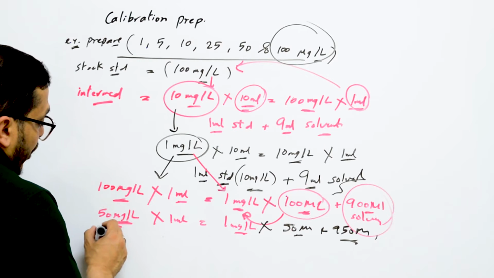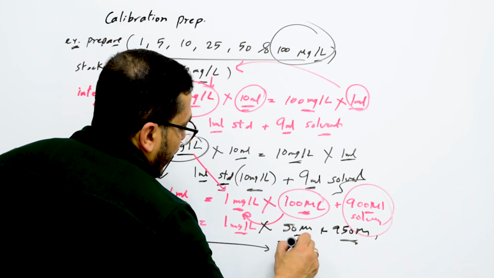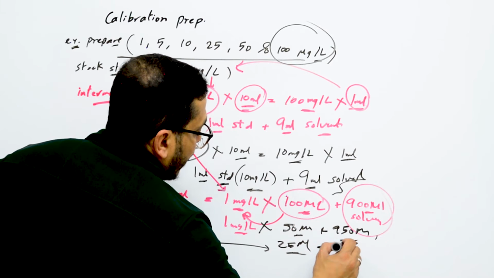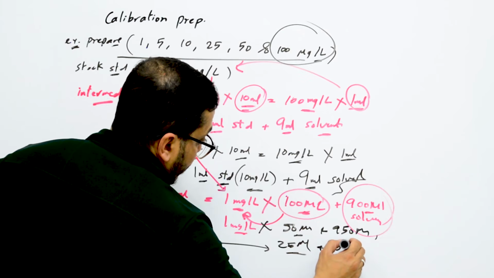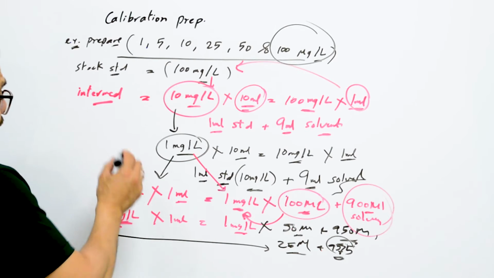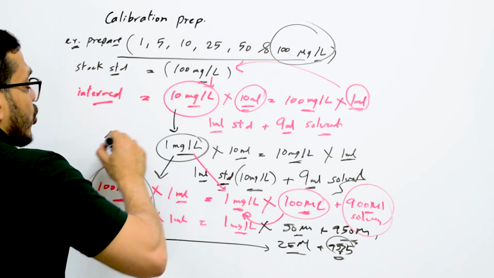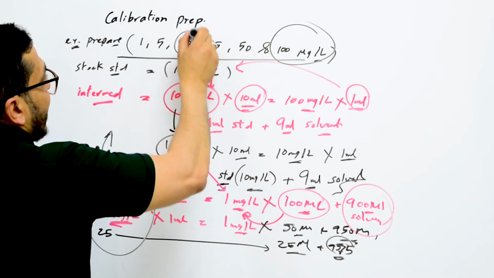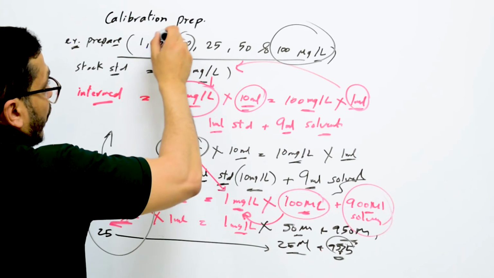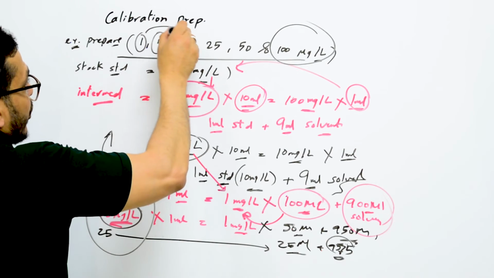Then you need to prepare 25, same thing, and you will add 25 microliter plus 975 microliter solvent. And after that, from these standards, you will prepare the lowest concentrations. As an example, 10 will be prepared from 100, 5 will be prepared from 50, and 1 will be prepared from 10.